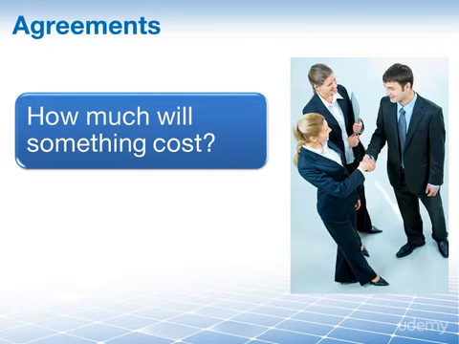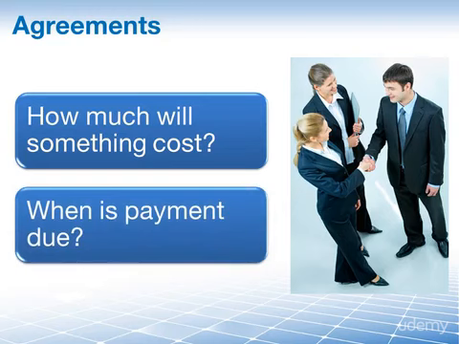This can take the form of a contract, memorandum of understanding, letters of agreement, verbal agreement, email, etc. And if you've ever seen those, there's always a section that talks about cost in such an agreement. The agreements may also provide other detail, such as when payment is due for all the items that you may be purchasing on your project.